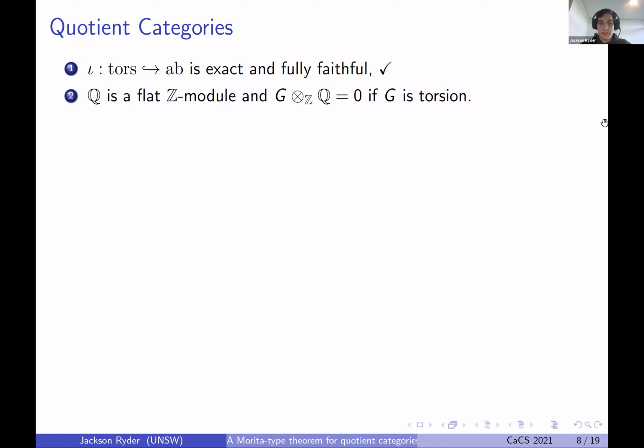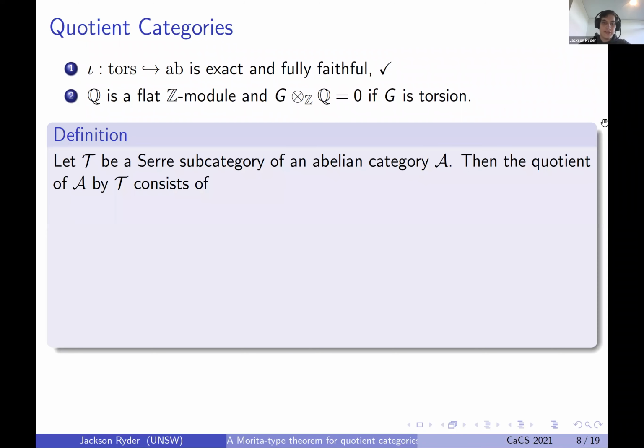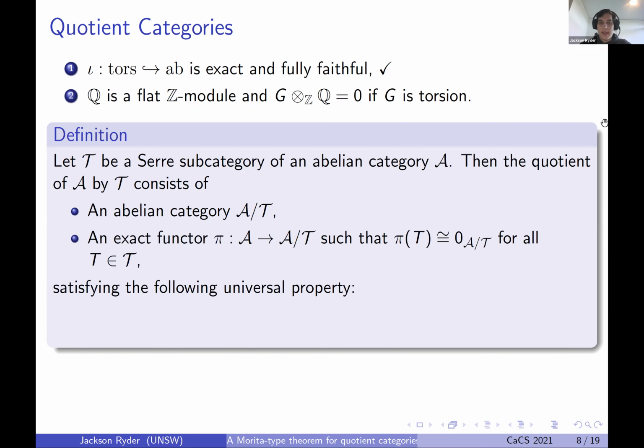We're going to do it in a bit of a cheap way. We just say that our quotient exists precisely as what we want. So we want an abelian category, which we call A on T, and an exact functor from A to A on T, such that the image of every object in our subcategory is isomorphic to the zero object in our quotient.